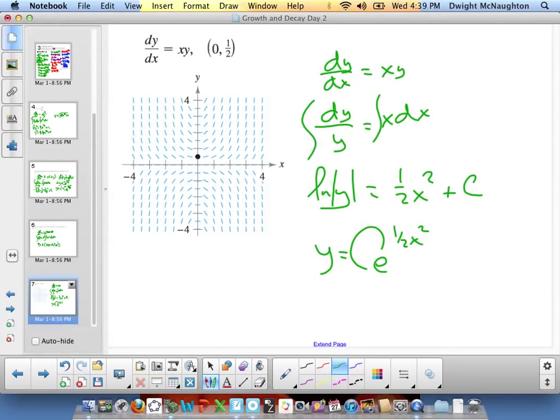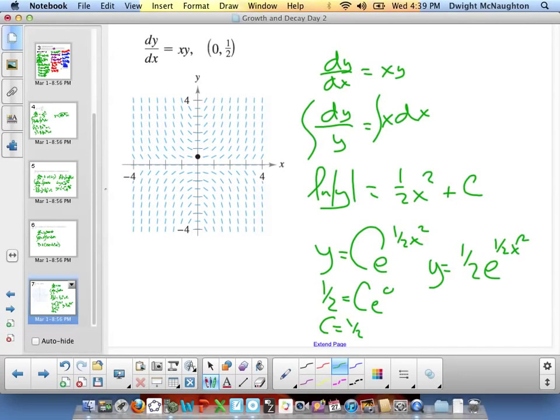You can rewrite it in that form. And then plug in the point to find your c. When y is 1/2, e is 0. And so we see c ends up being 1/2. So our particular solution would be y equals 1/2 e to the 1/2 x squared.